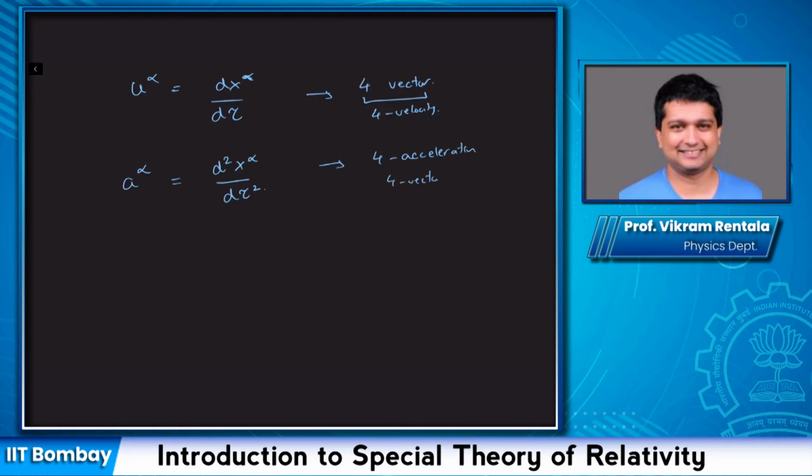And you can relate it to the conventional acceleration, or the 3-acceleration, which would be d²x/dt², d²y/dt², and d²z/dt², that you would measure in a particular reference frame S. But you would also find that this 4-acceleration depends not just on the 3 accelerations, but it also depends on the 3 velocities. That is, it depends on ux, uy, uz.